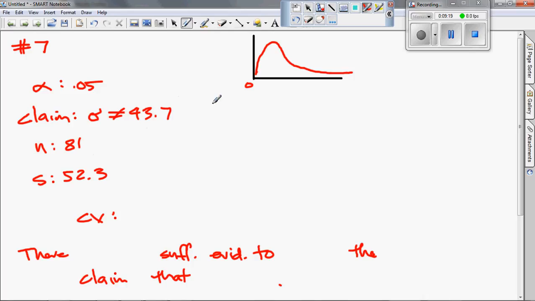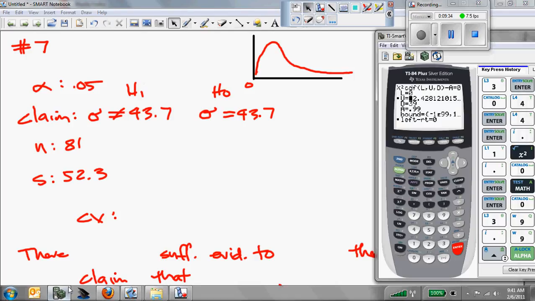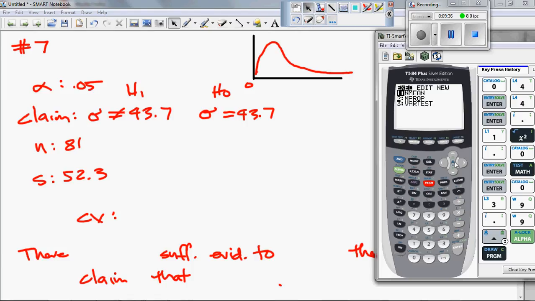Alright, so the opposite of our claim is sigma equals 43.7. So this is our alternative hypothesis. This is our null hypothesis. So we're going to use the var test again. Program, var test.